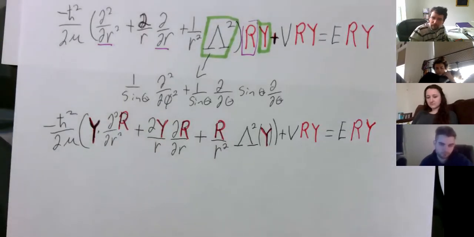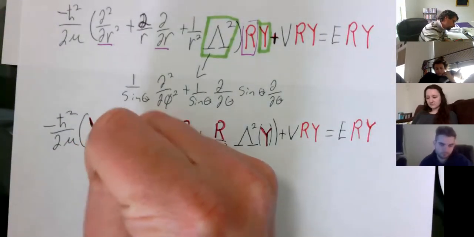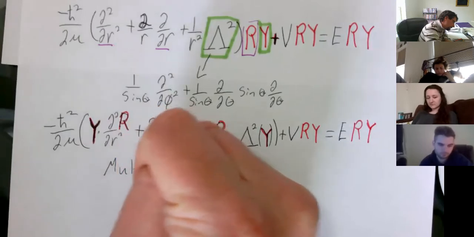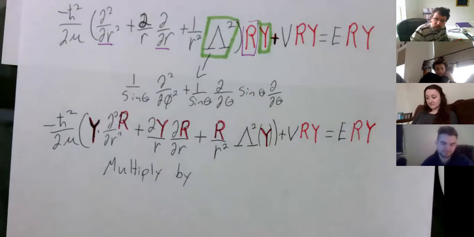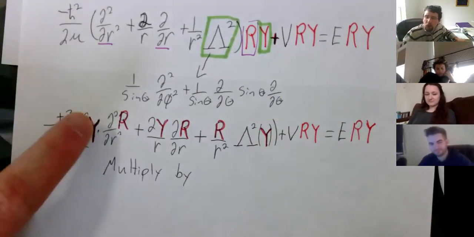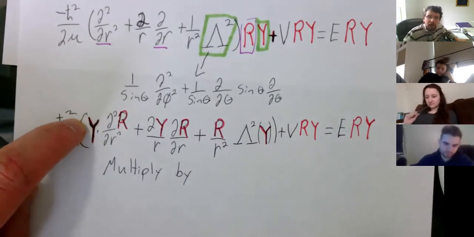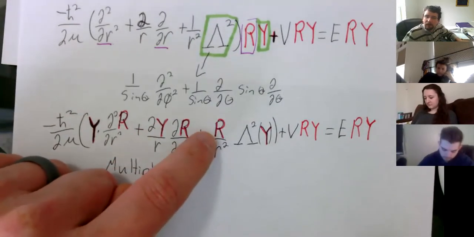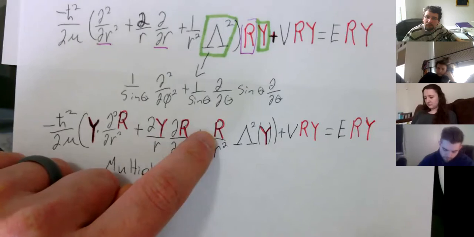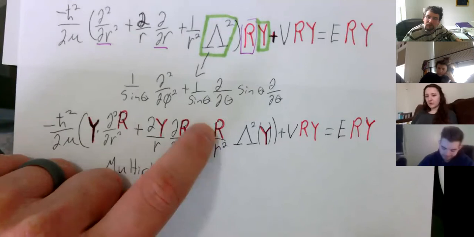What have we done in the past? What would you multiply this by to get rid of that y? 1 over y. Same thing with this guy. What about this r? What would you multiply that by to get rid of that r? 1 over r.